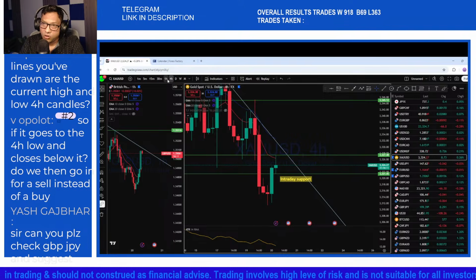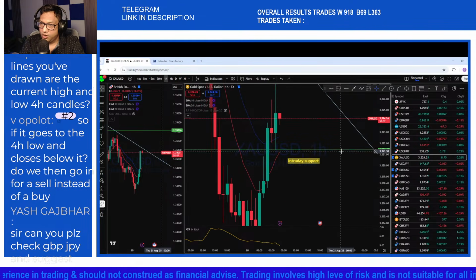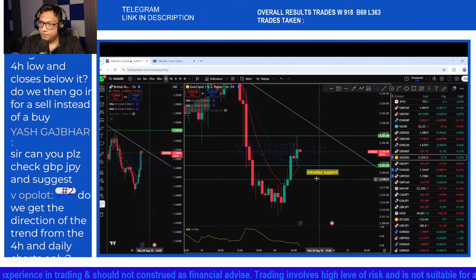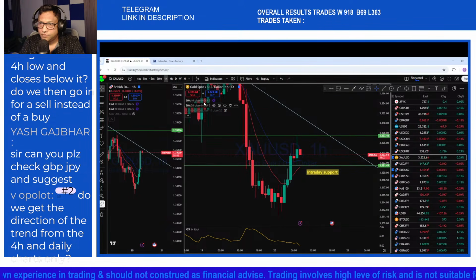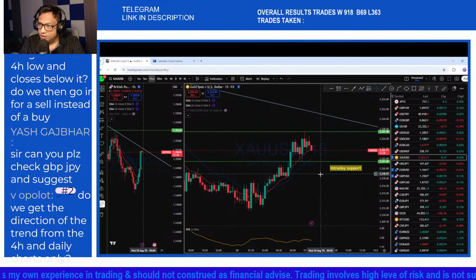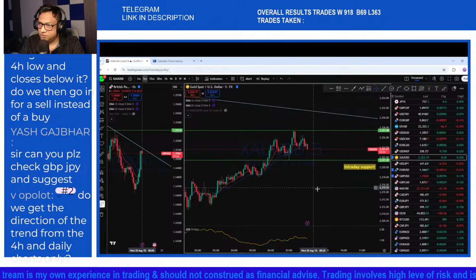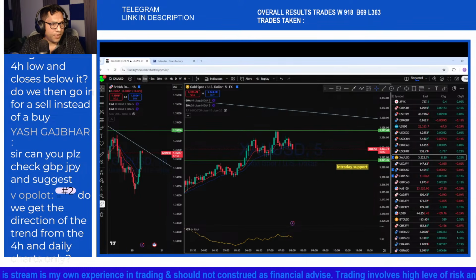So depending on how the price action forms, we will be looking for entry. So here it is slowly trying to drop back below, and the 5 minutes support is here.